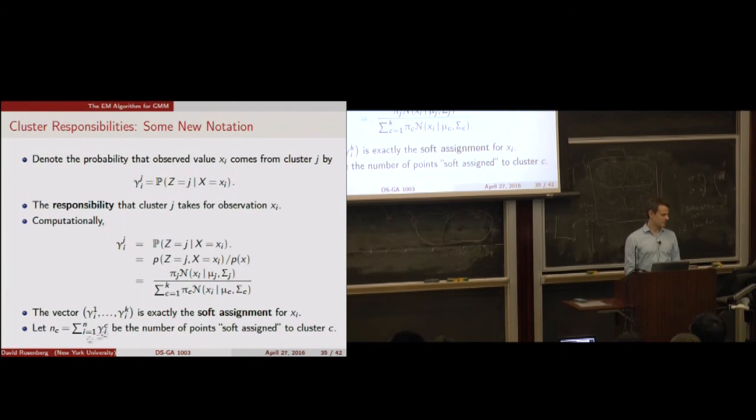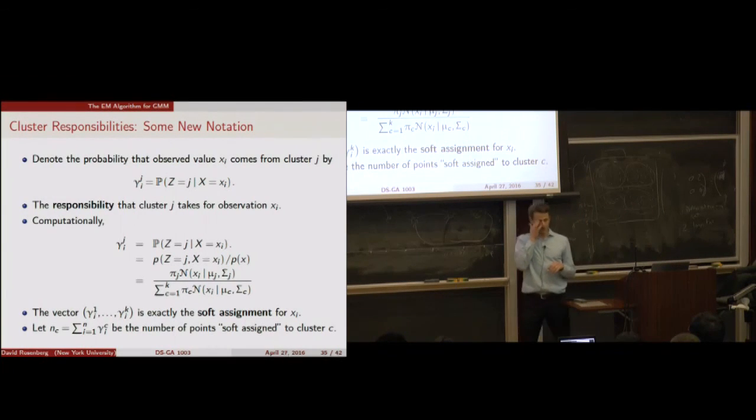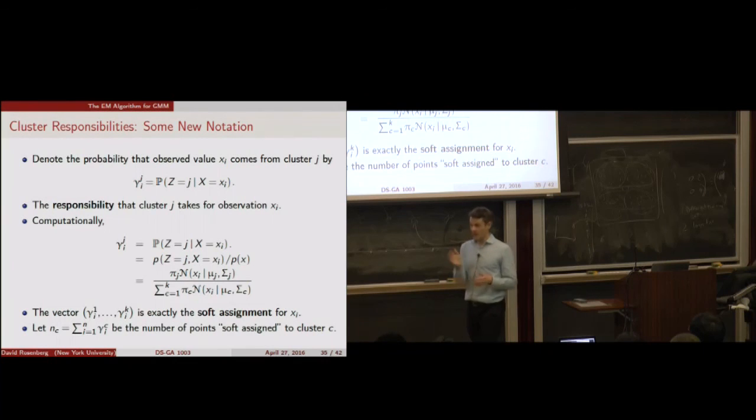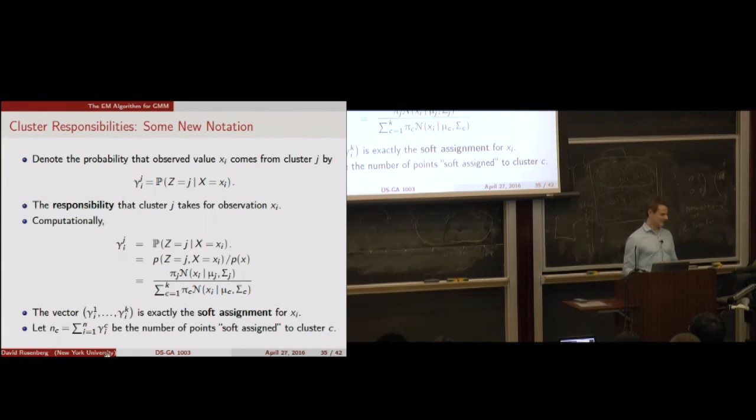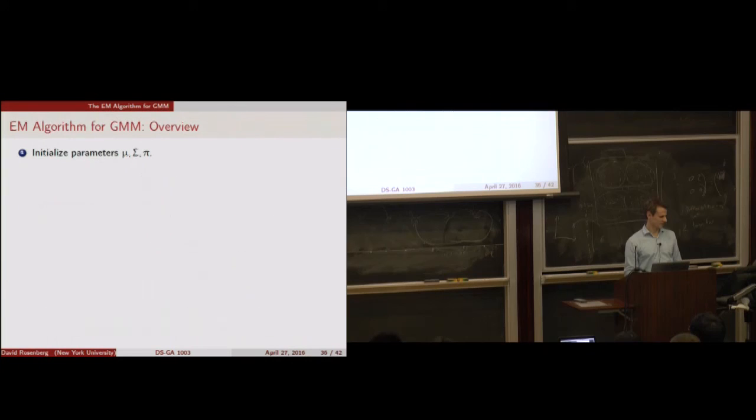So this would be, in some sense, the expected number of points that are assigned to cluster c. We have a distribution for every point for what cluster it's assigned to. If we drew randomly a particular assignment according to that distribution, and then added up how many were assigned to a particular cluster, the expected value of that count is the sum of these probabilities, n sub c. It's an easy calculation.